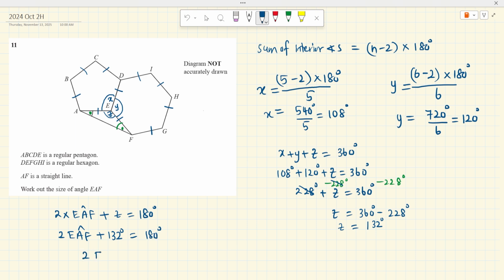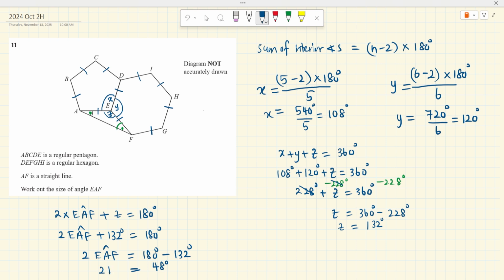Then 2 EAF equals 180 minus 132. 132 comes to this side, it becomes minus 132. Equals 180 minus 132, that is 48.